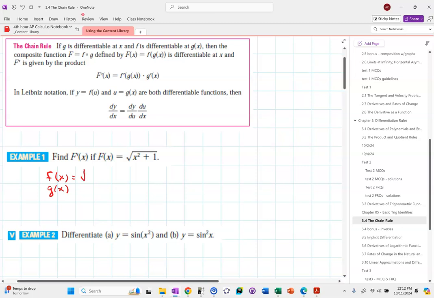Square root of x. That's great. And the inner function would be x squared plus 1. Everybody can see that. I'm going to write it out. So far, so good.